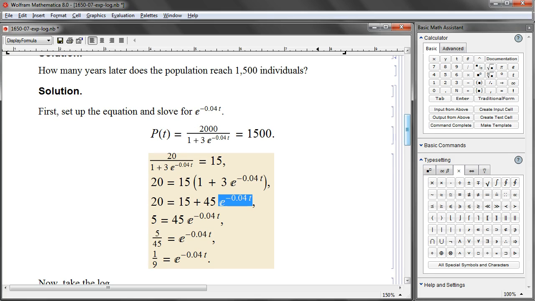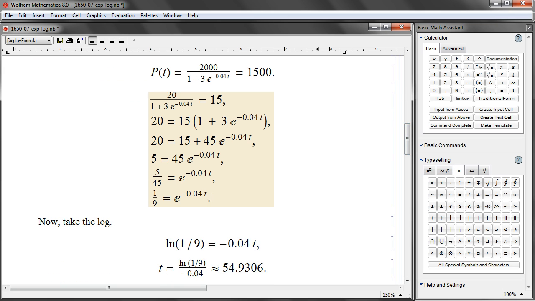Subtract away 15, divide away 45, and we have e to the negative 0.04t is 1/9. Okay, we are ready. We have a number in the left hand side and we have an exponential in the right hand side. So all we have to do is take the log of both sides. And we have log of 1/9 is equal to the exponential of negative 0.04t.